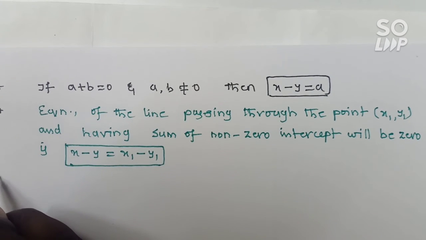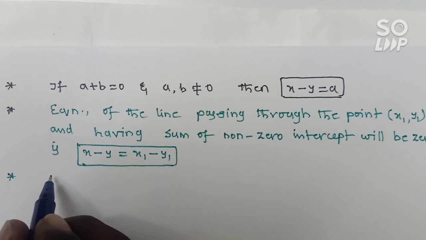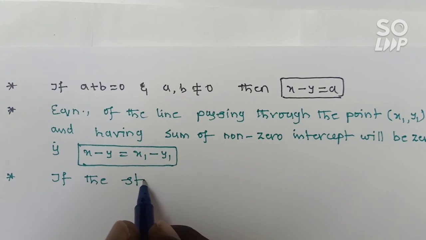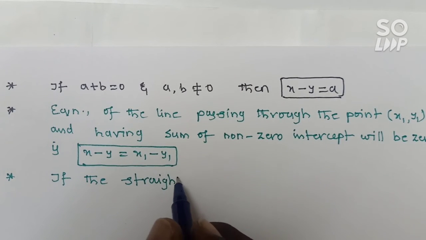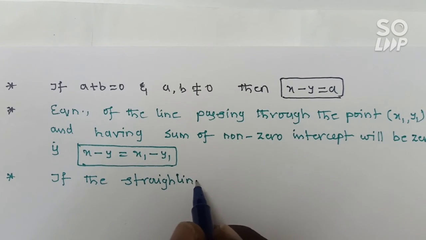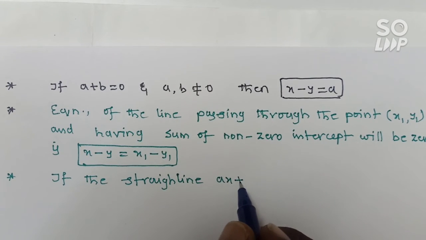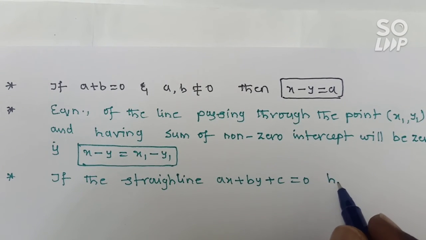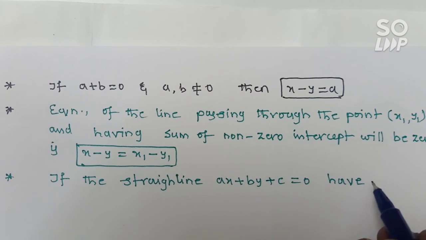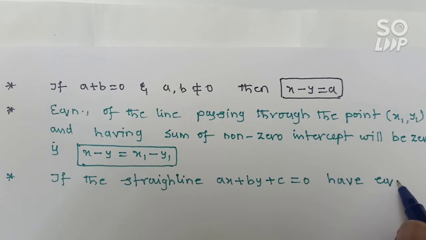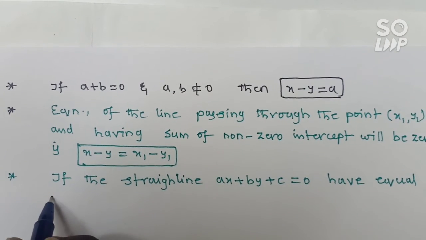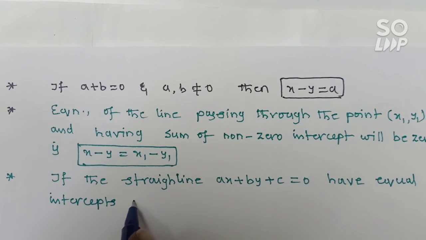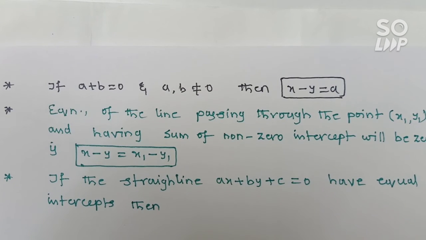So here you can write another point: if the straight line ax plus by plus c makes equal intercepts, then what is that formula?